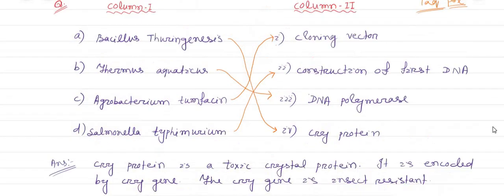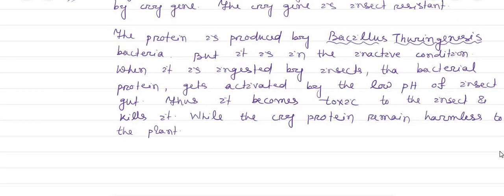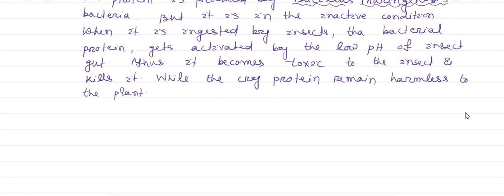Now let's come to the second one, that is Thermus aquaticus. Let's discuss it. We found this bacterium in hot springs, and it has the capacity to resist high heat.